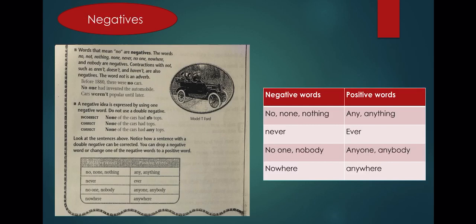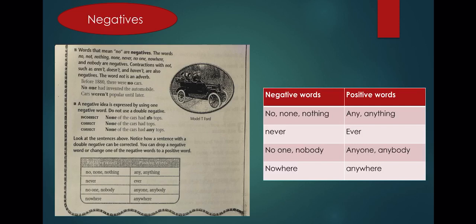When you have contractions with not, like is not, does not, have not, and will not, these are also considered negatives. The word not is an adverb. So here not is considered an adverb.